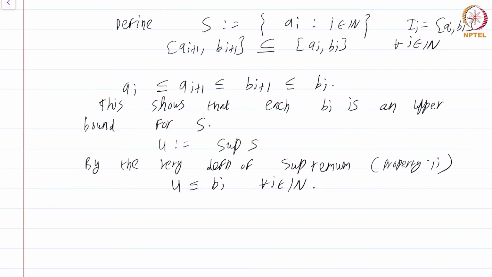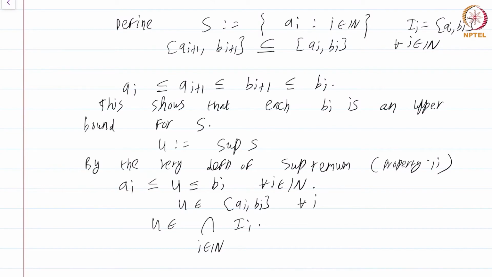Similarly, because U is an upper bound, this has to be greater than or equal to every single A_i. In other words, U is an element of [A_i, B_i] for all i, which is the same as saying U is there in the intersection over i in N of [A_i, B_i].